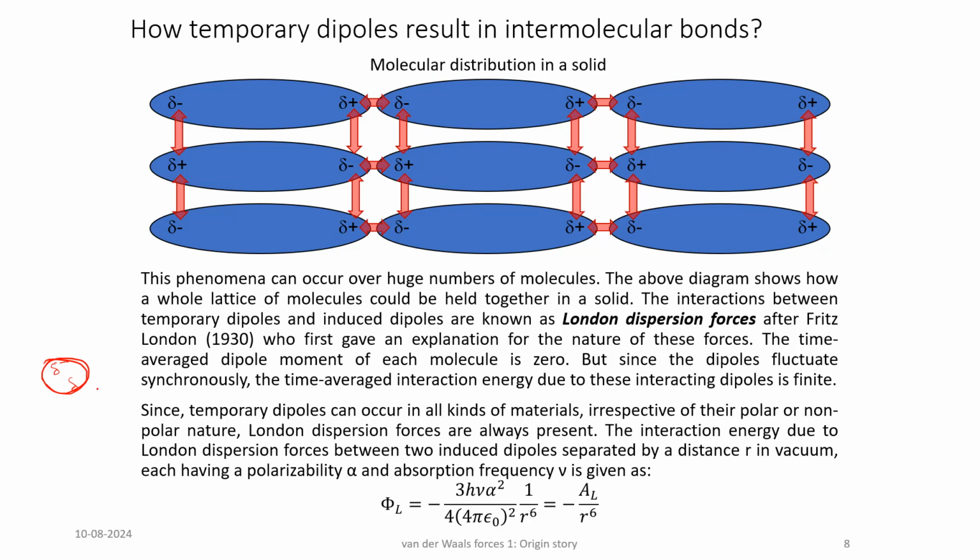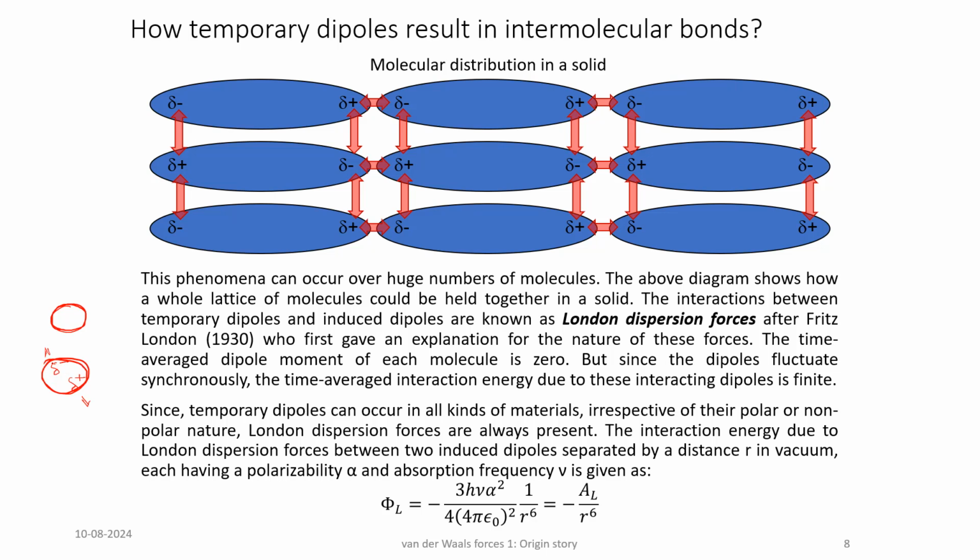Suppose at some moment electrons are high in this region and low in that region. They will create a negative charge zone in one portion and a positive charge zone on the other side of the same particle. Now suppose we bring another particle which is non-polar.